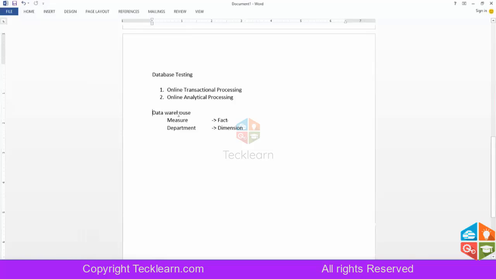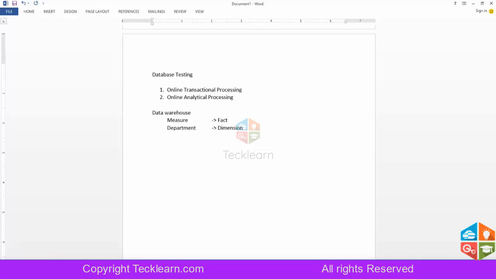Typically in a data warehouse model, you will be seeing two kinds of models in the industry. After understanding the fact and the dimension, the difference between them, how they are created, what their nature is, how they should be retrieved, how they should be looked at, how they are positioned, what the scope is.